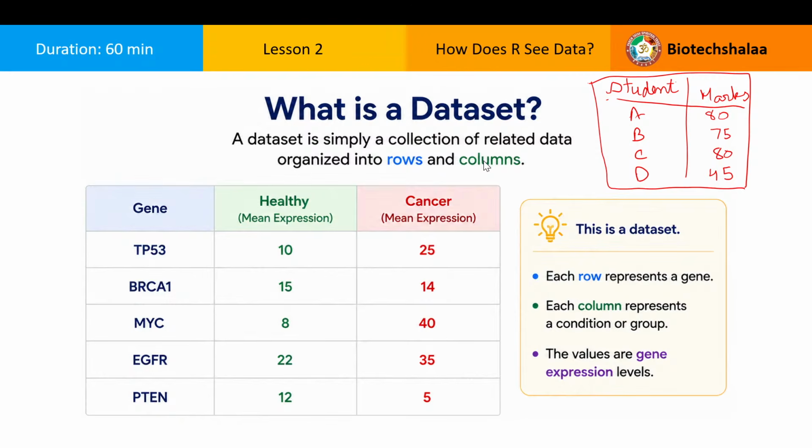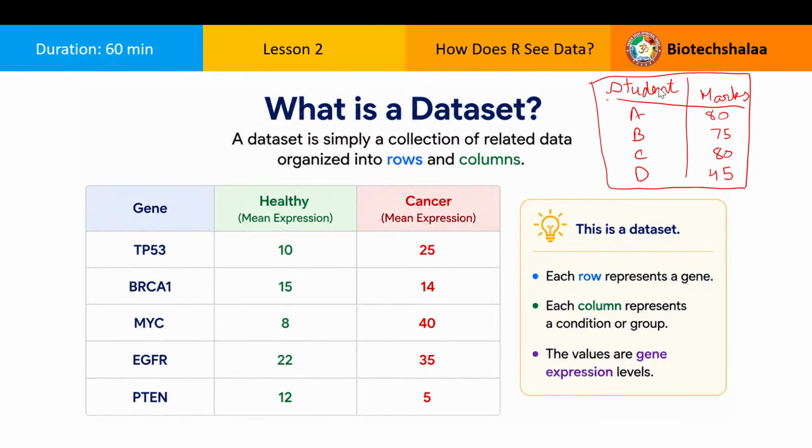So now let's come back to biology. Now instead of students, imagine that we have genes. So here we have genes and here we have all the gene expression values. So this is also a data set. The only difference is that now the information is about genes instead of students.